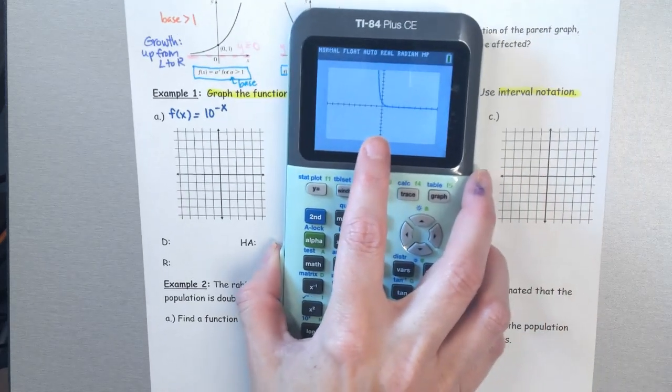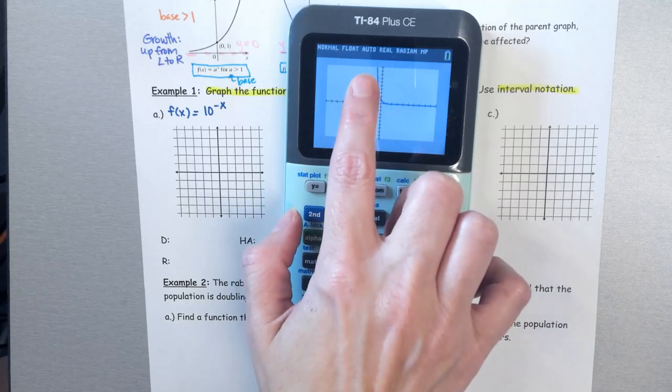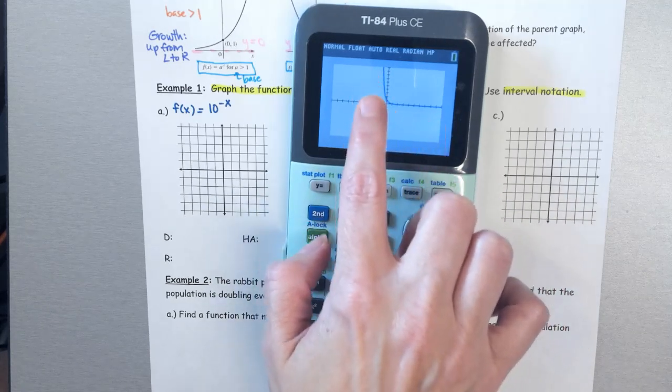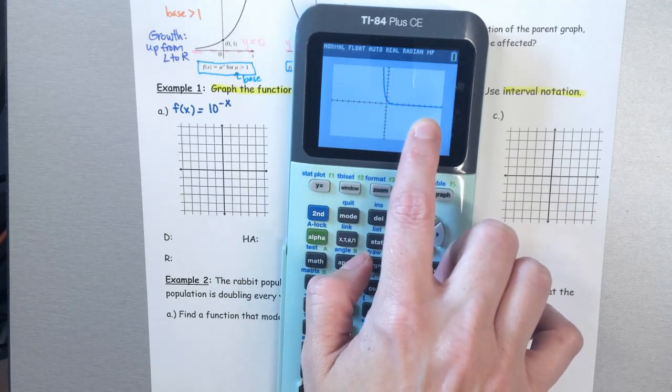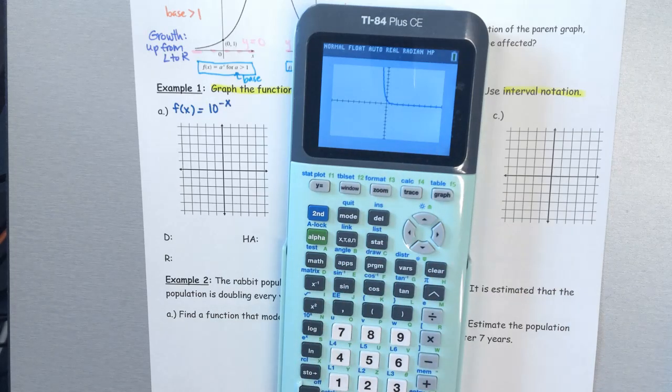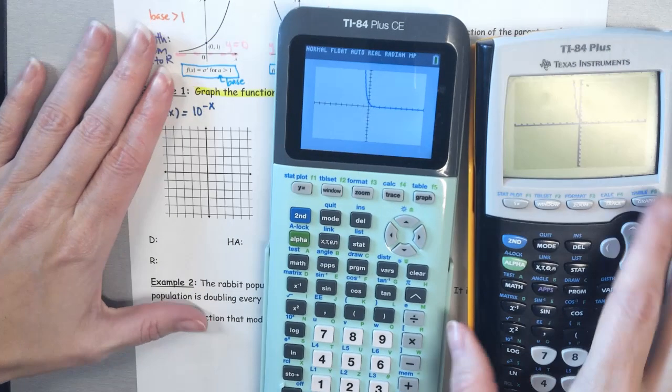Now, I love these new calculators because you see the blue line is going to keep going here. That's why I love them. Because if you don't have that, sometimes it looks like it's stuck. Okay, and then the other one, it's just hard to see here.